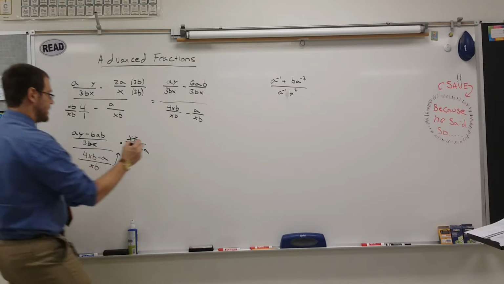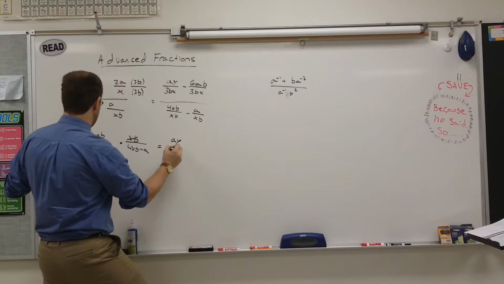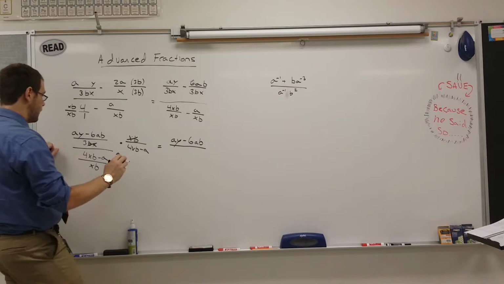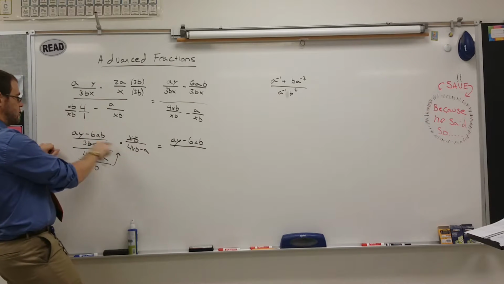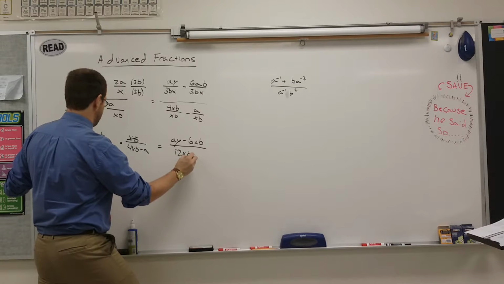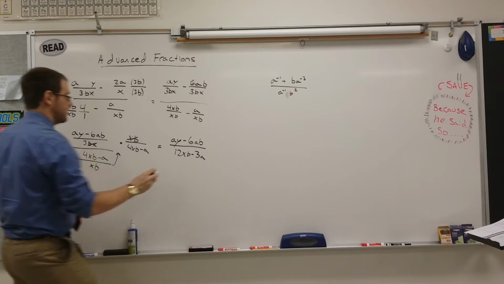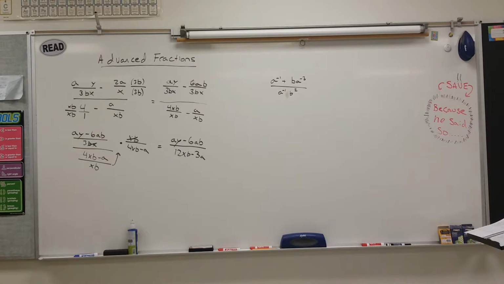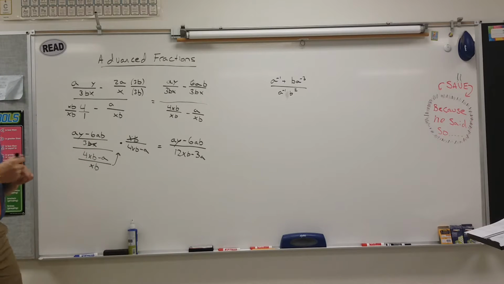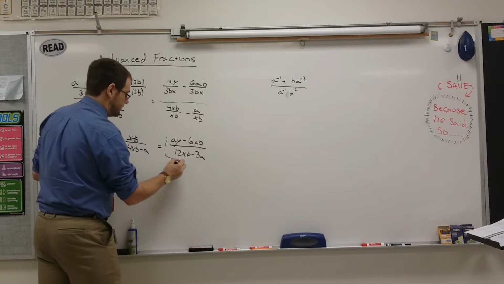So I'll end up getting on the top ay minus 6ab over, got to multiply by distributing this in, you're going to get 12xb minus 3a. Nothing can reduce at this point. There are minus signs in between the terms. They're done. This is our final answer.